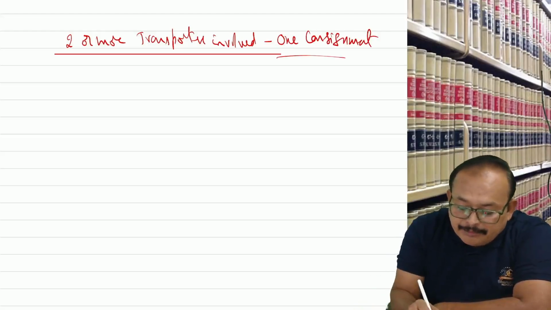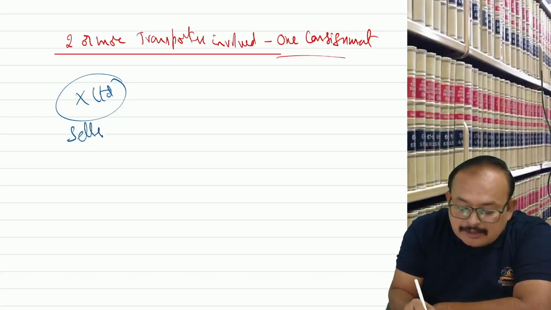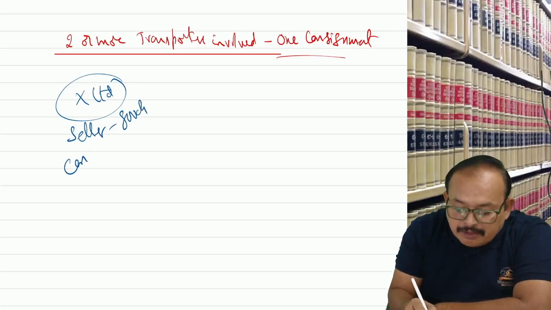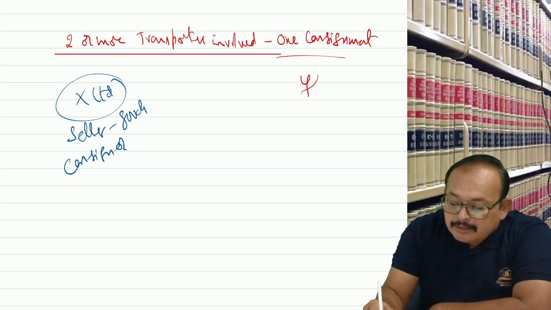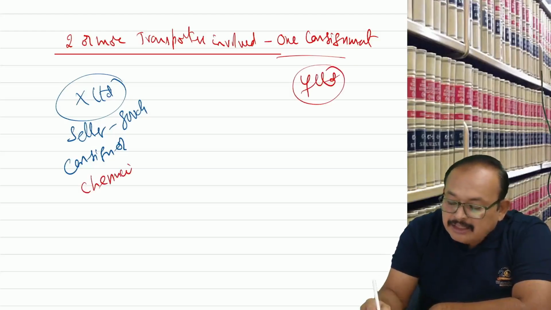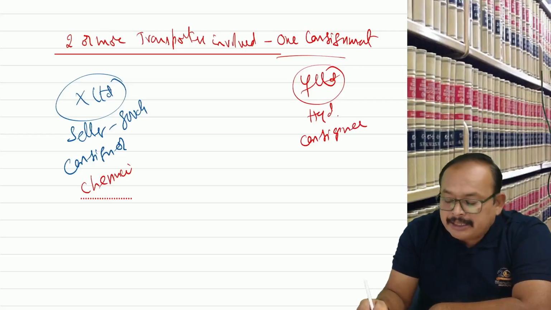Example here: X Limited, the seller who offered the goods, we call the consignor. Y Limited, here in Chennai, Y Limited, Hyderabad, is nothing but the consignee, namely the buyer.